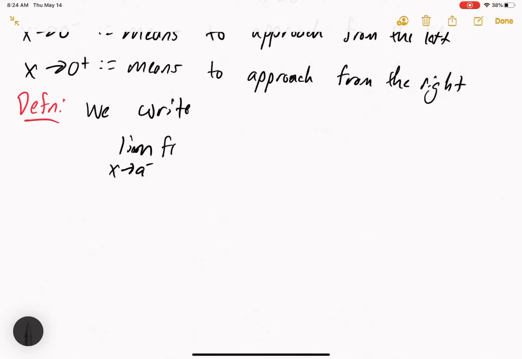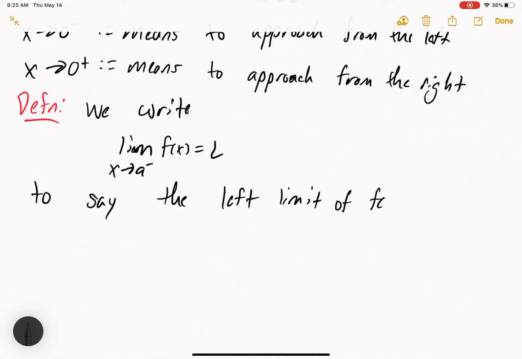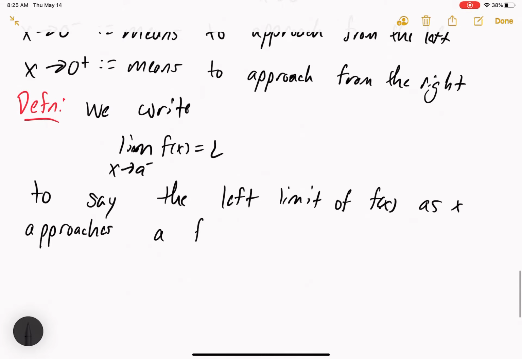The limit from the left of f of x is equal to L, to say the left limit of f of x as x approaches a from the left equals L. And that's how you would say that.